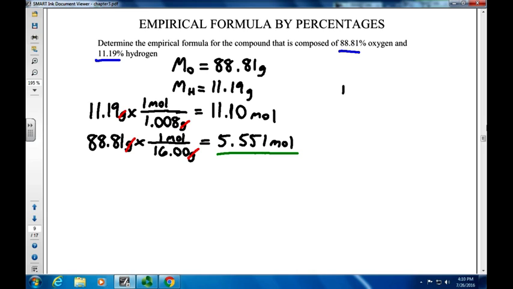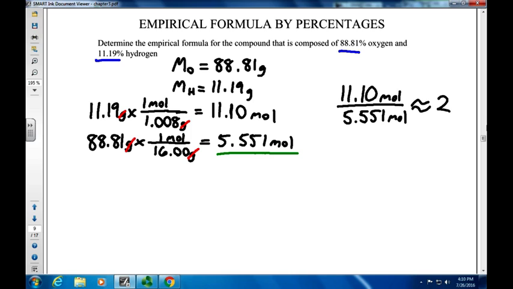All you have to do is take 11.10 moles and divide it by the 5.551 moles, and then take it to the nearest integer. In this case, we end up with 2, because 11.10 is roughly 2 times 5.551.